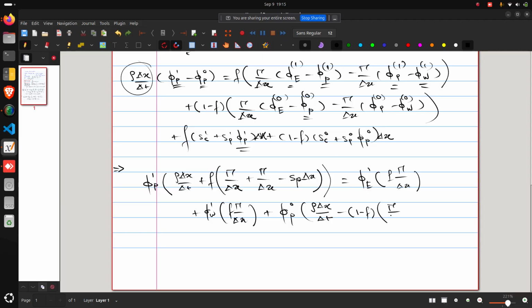So we'll just take the minus and add these coefficients: gamma by delta x plus gamma by delta x. What else is there? We have this term, so it will be minus Sp naught delta x.